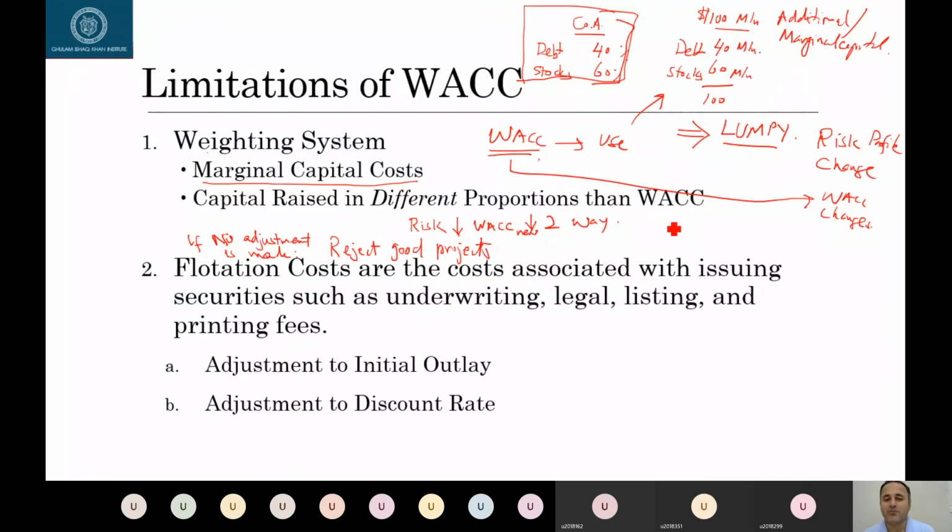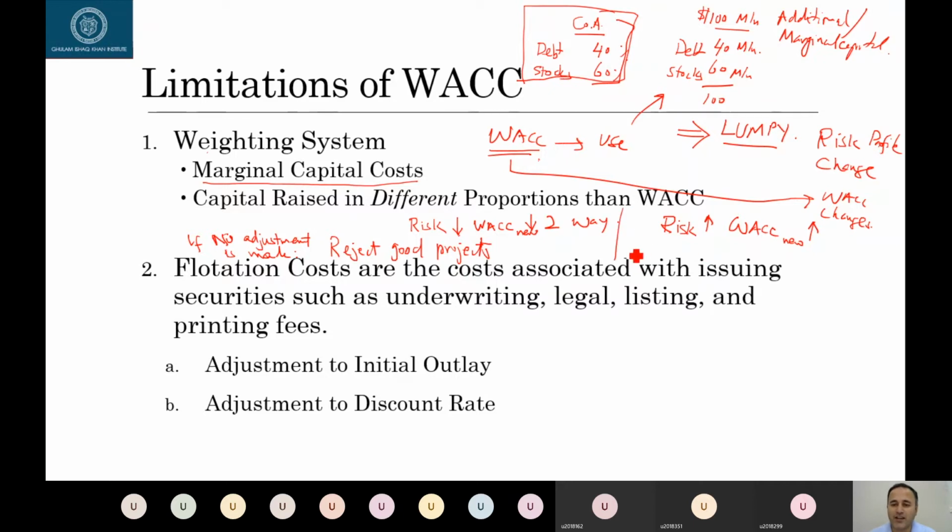But let's say if the additional capital actually raises the risk of a company, okay? So it means that WACC new should also increase.